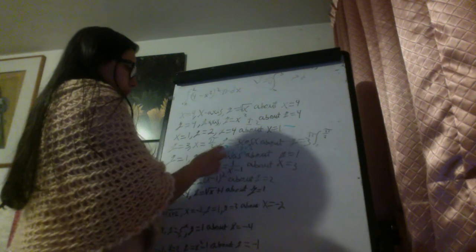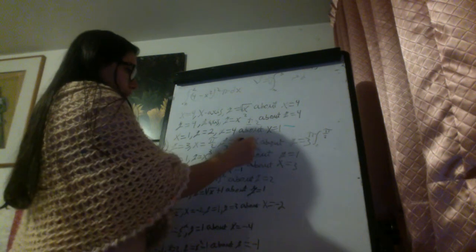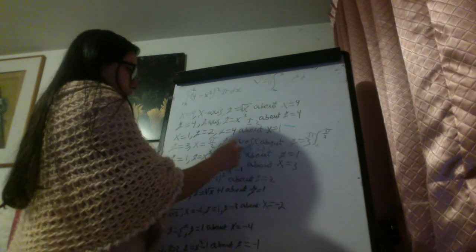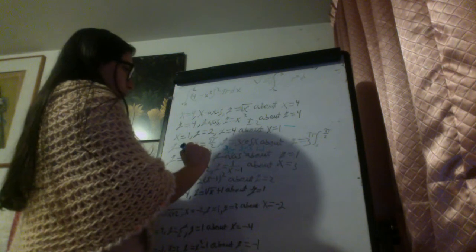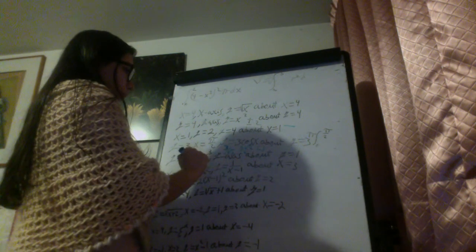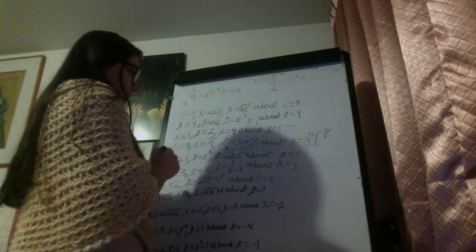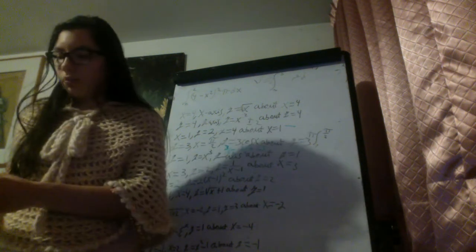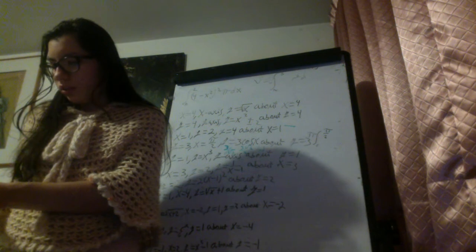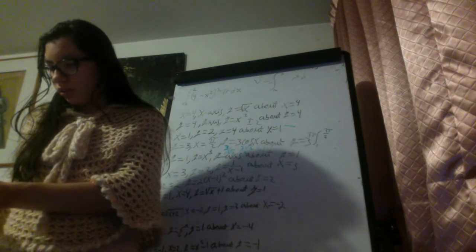This is like 1.5 times square root of 2, that is like 1.4, and 1.4 times 1.5 is like 2.1.